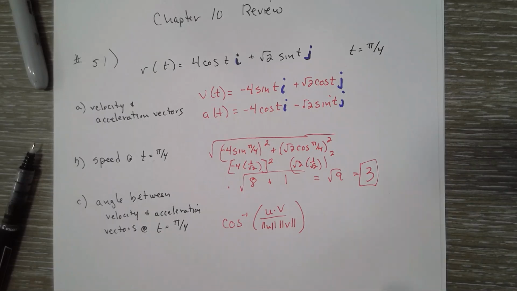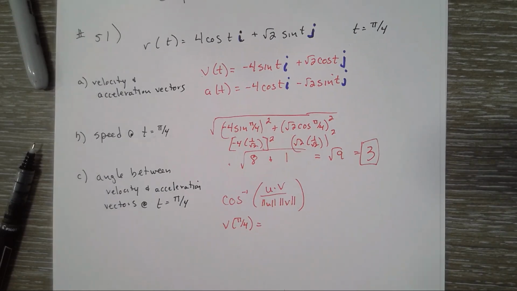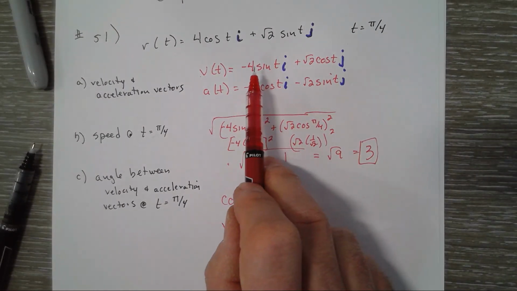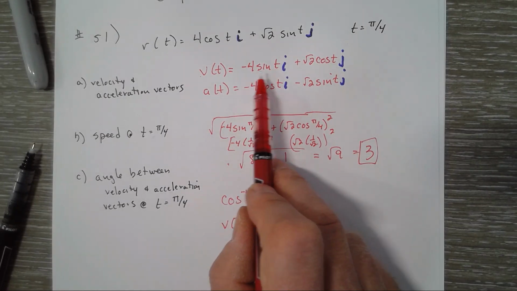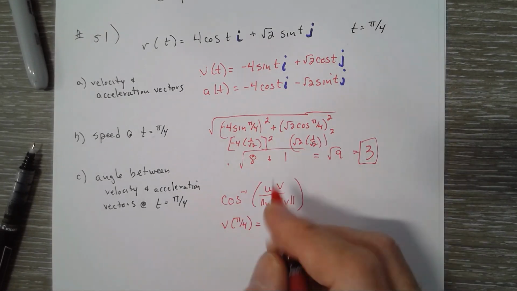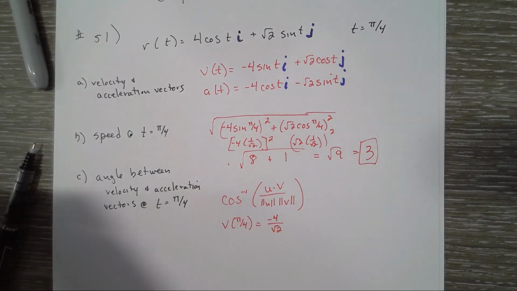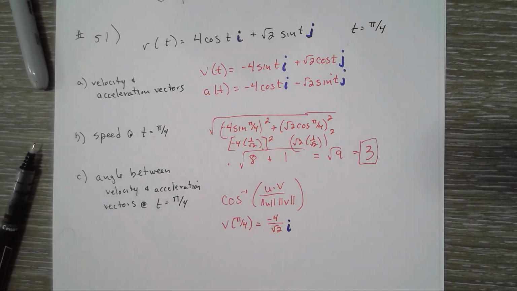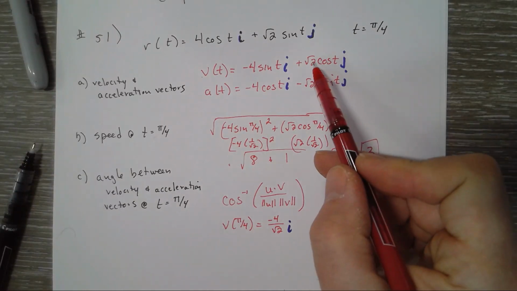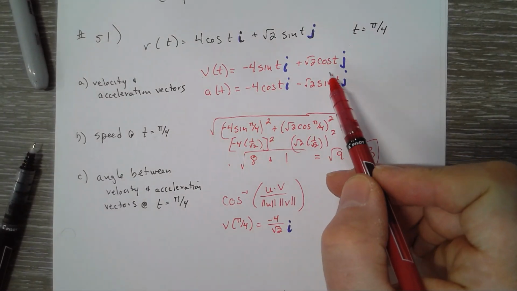So the velocity at pi over 4 is, looking up here, negative 4 over square root of 2 i, and then square root of 2 over square root of 2, which is just 1 j.